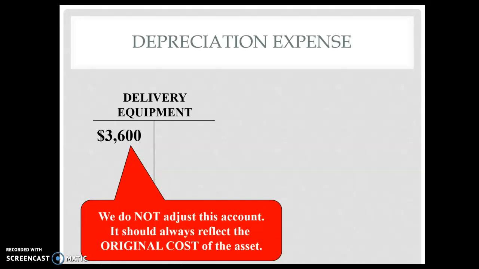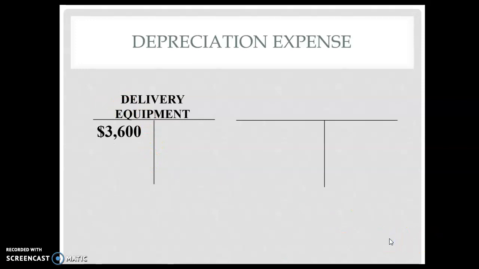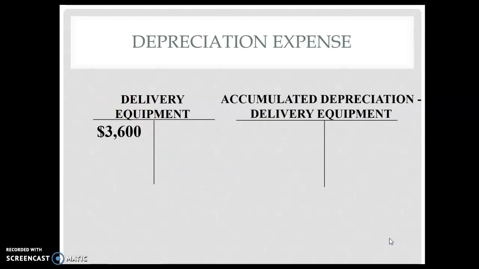So the delivery equipment itself is sitting at a $3,600 debit balance, the way an asset should be, a debit balance. That's the original cost. The historical cost principle says I need to leave that there until I sell or get rid of this equipment. I can't change it. So instead, I'm going to start a new account. It's called accumulated depreciation.